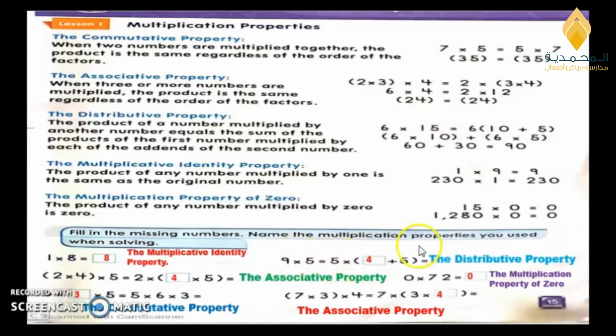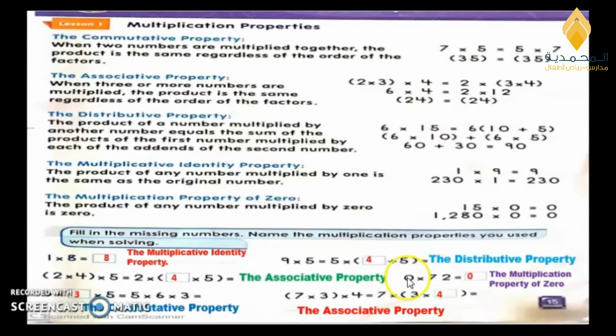So this bracket represents the 9. So what plus 5 gives me 9? 4. Excellent. This is the distributive property. Good job.